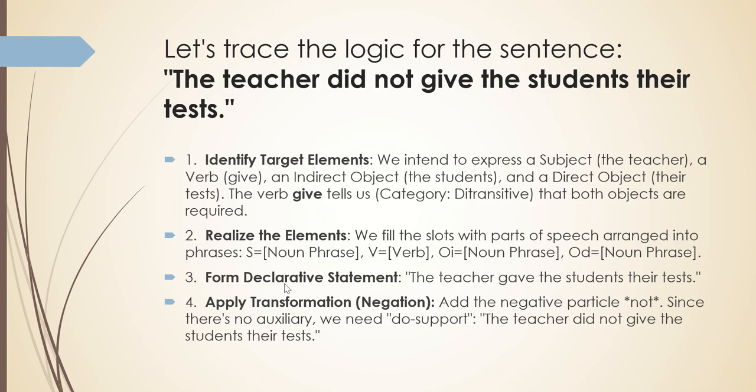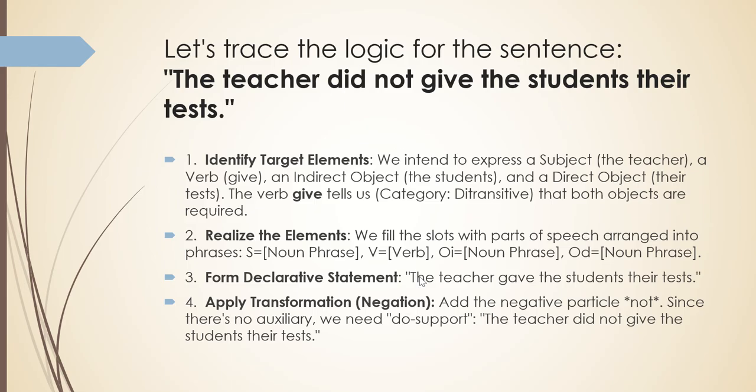Number three, the transformations. The type of this clause is a declarative one, but it is not assertive. If you want to change it into an assertive form, you just omit this negation. You're no longer going to need this operator.